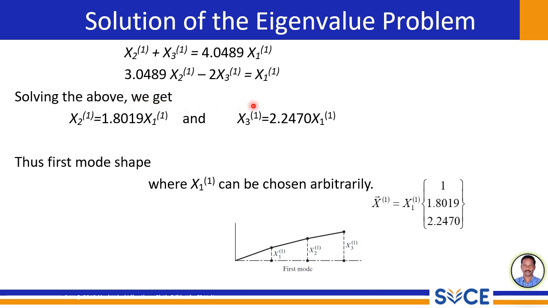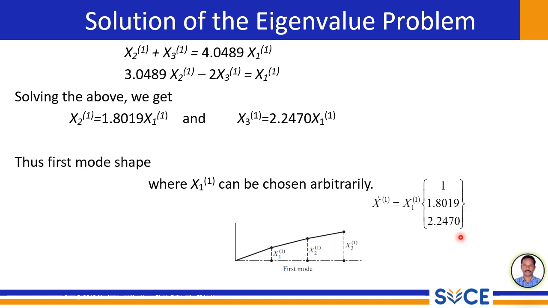Similarly, the other equation is also rearranged. Solving these two equations, we get x2 in terms of x1 and x3 in terms of x1. By choosing x1 arbitrarily as 1, x2 will be equal to 1.8019 and x3 equal to 2.2470. So writing x1, x2, x3 in matrix form, we get 1, 1.8019, 2.2470.